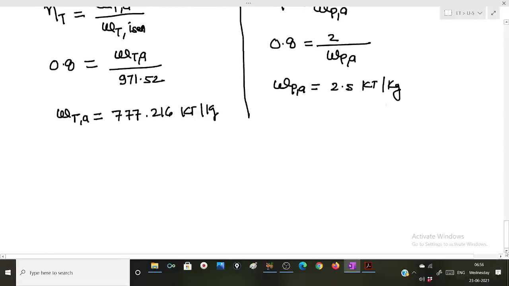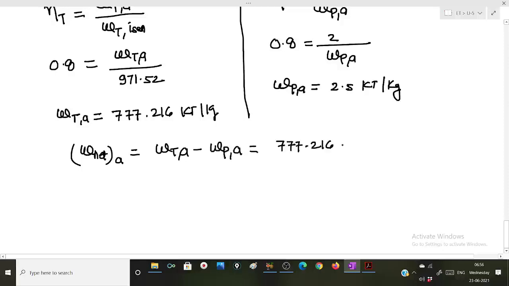So knowing the actual turbine work and actual pump work, now I can calculate actual net work output. This will be WTA minus WPA, that is 777.216 minus 2.5.